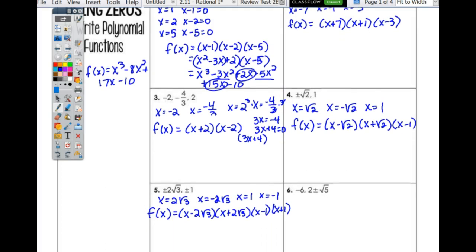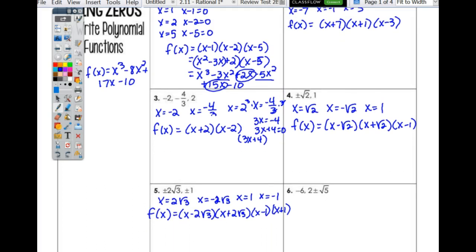I want to look at number 4. If I take x times x, I get x squared. If I take the square root of 2 times the square root of 2, we talked about this yesterday, that is 2. And what happens when I have minus square root of 2x plus square root of 2x? Those cancel out.